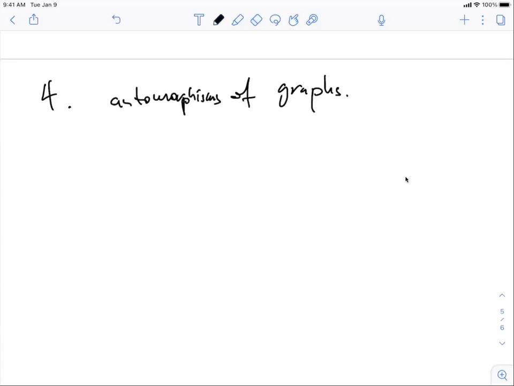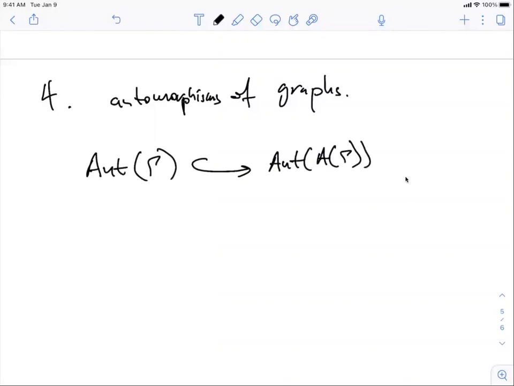So perhaps the right place to look in trying to characterize graphs that admit automorphisms is in the group of automorphisms of the right-angled Artin group itself. So what might a candidate for such a characterization be? Well, one can note the following. We have that Aut of gamma always embeds in Aut of A of gamma, and in fact into Out of A of gamma.